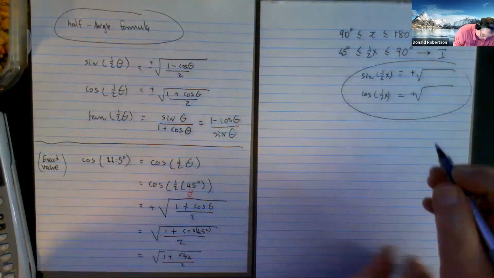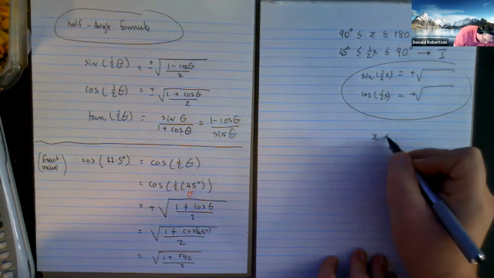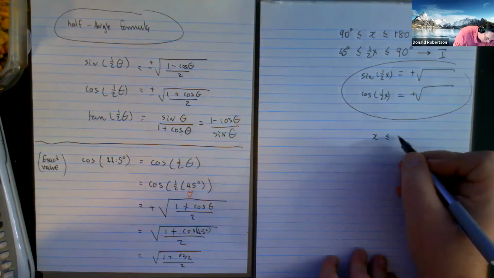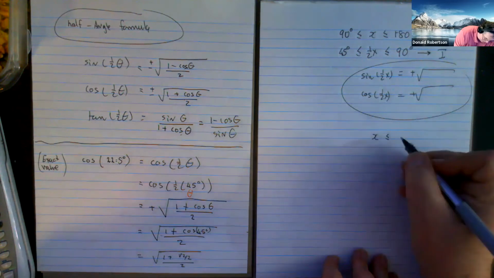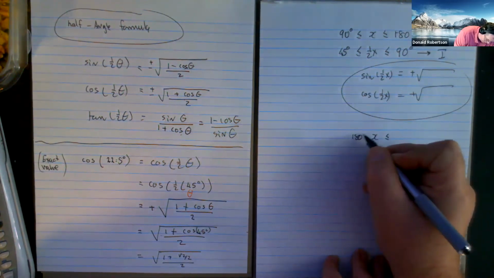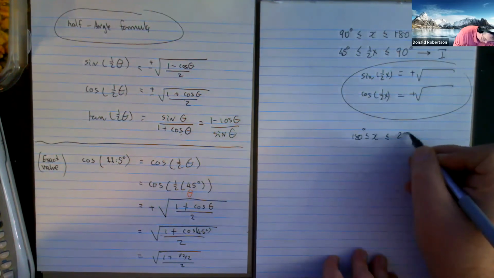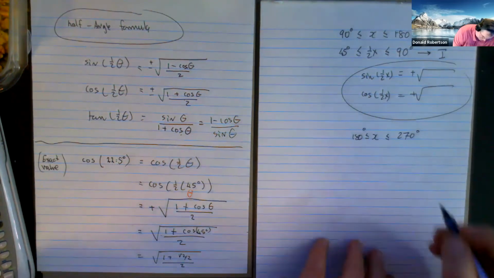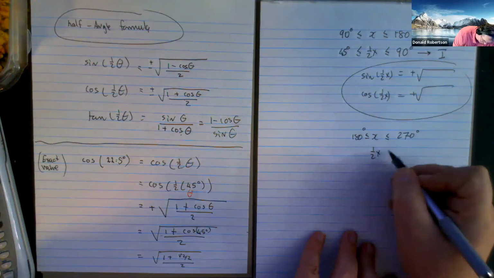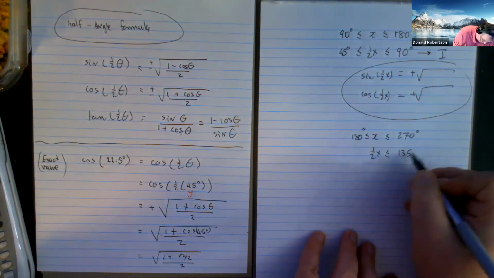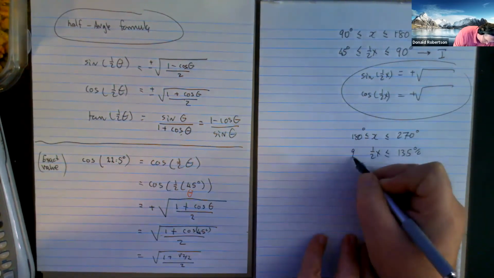Now, suppose we move up the food chain and we're looking for one in the range 180 to 270. Now, half X is going to be 90 to 135.